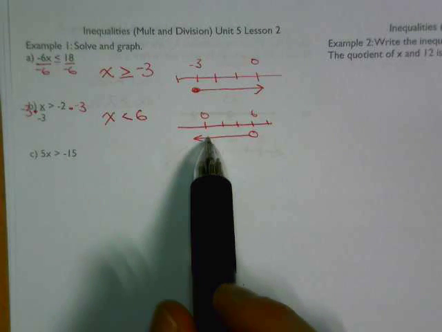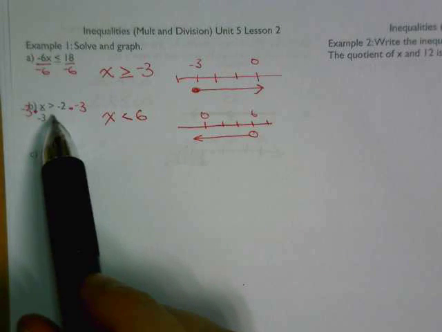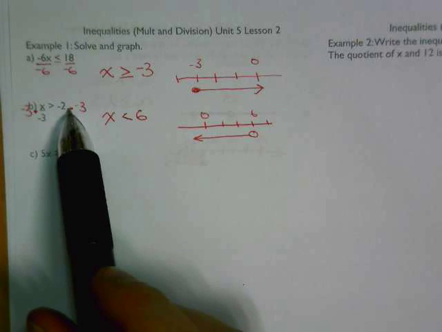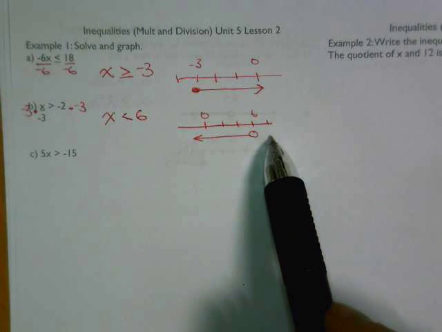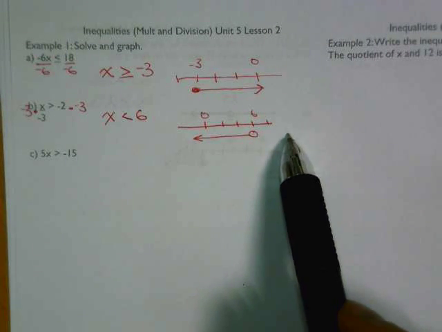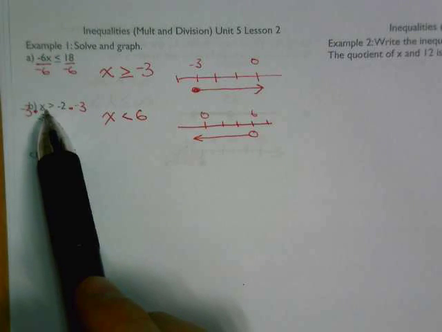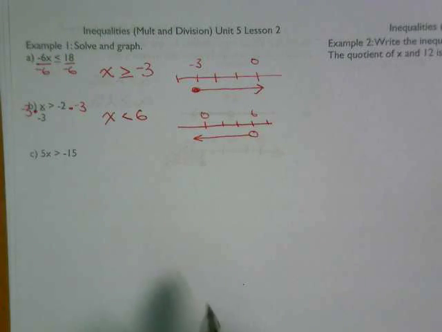So, take the simplest number, 0. 0 should be a solution. 0 divided by negative 3 is 0, and 0 is greater than negative 2. As opposed to, say, 9, which you can see here is not a solution. 9 divided by negative 3 would be negative 3, and negative 3 is not greater than negative 2.